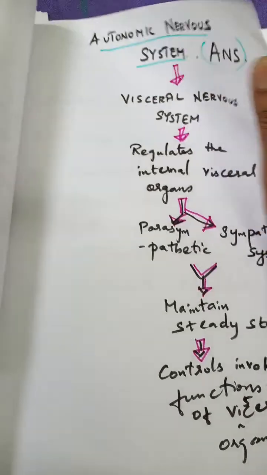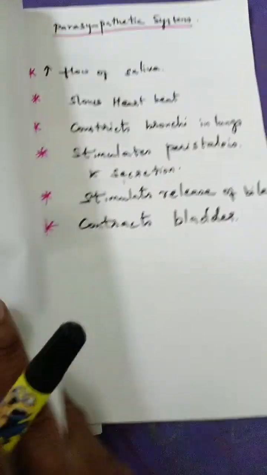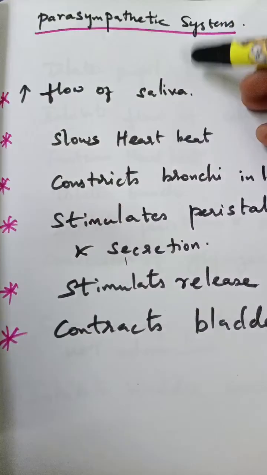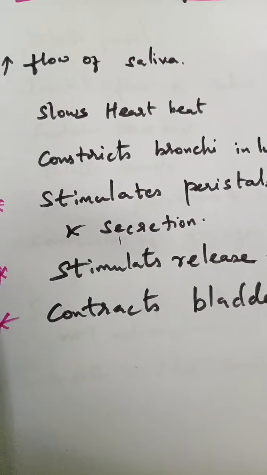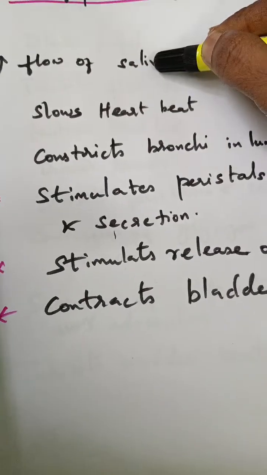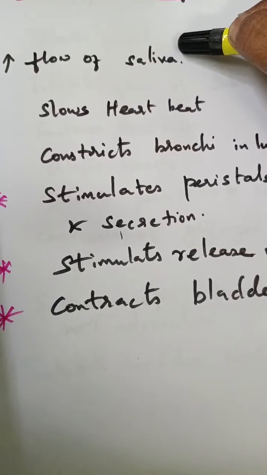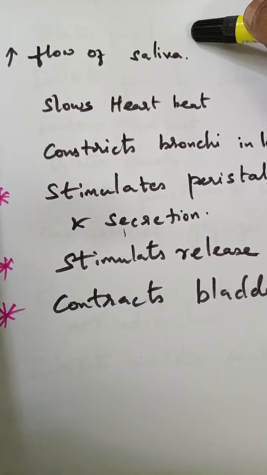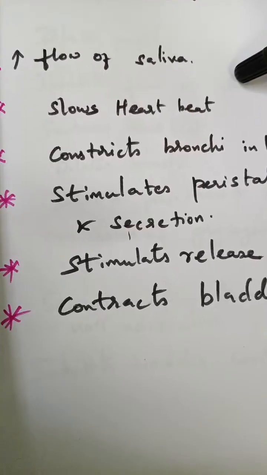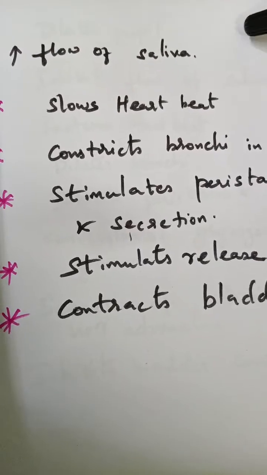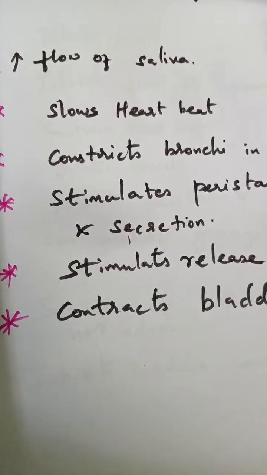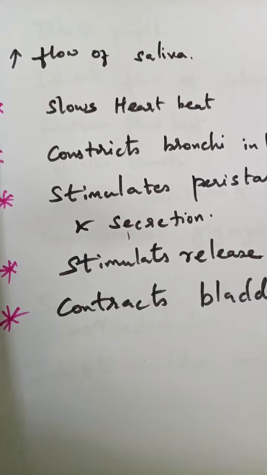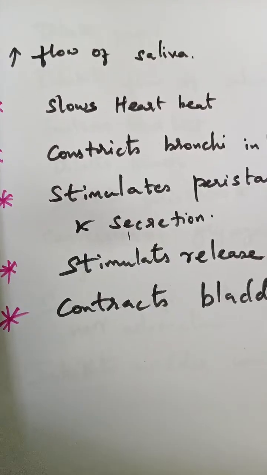Next we are going to see about parasympathetic and sympathetic. As I already told you, both are opposite in their function. For example, if parasympathetic increases the flow of saliva, your sympathetic will decrease it. Similarly, if it slows down the heartbeat, the opposite is sympathetic, which will accelerate, fasten the heartbeat.